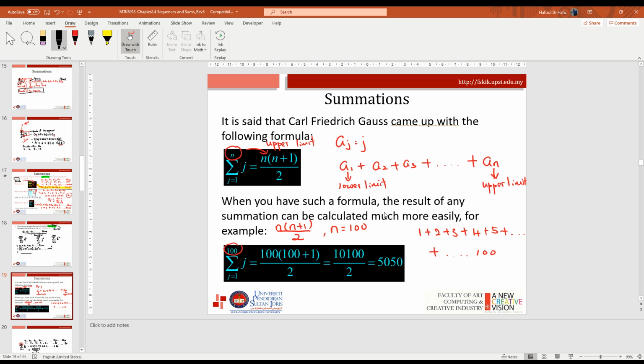When you have such a formula, the result of any summation can be calculated much more easily. For example, for 100 here, the total from 1 is n(n plus 1) divided by 2, where n is 100, which is equal to 5,050. This one is totaled up based on the formula.